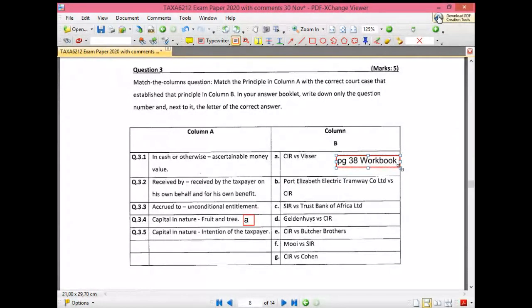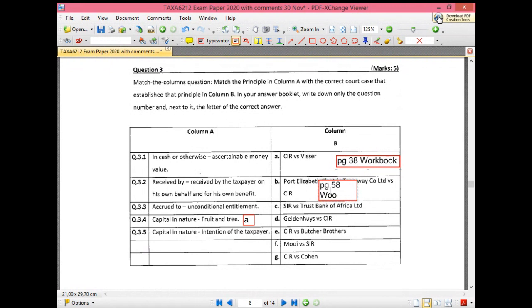Okay, then the Port Elizabeth Tramway 1. If we look at the definitions there on the left-hand side, it does not talk about what that one is known for. So that one says that that expense needs to be closely related to your business. Now, all of those things on the left-hand side do not actually refer to that.